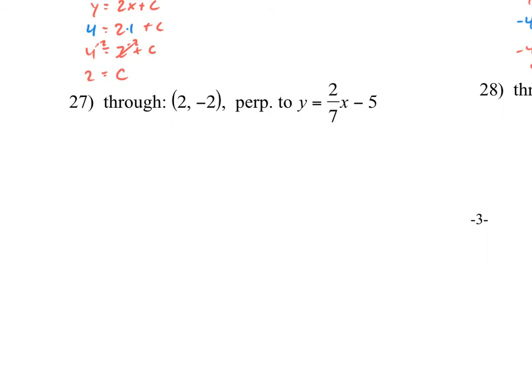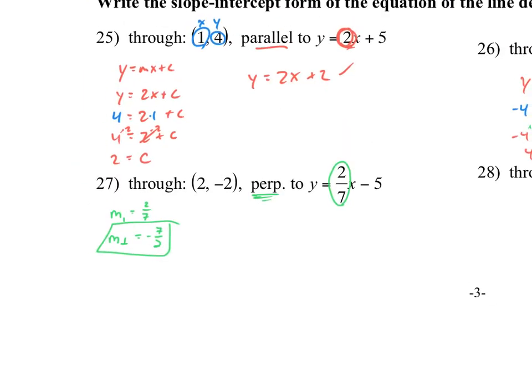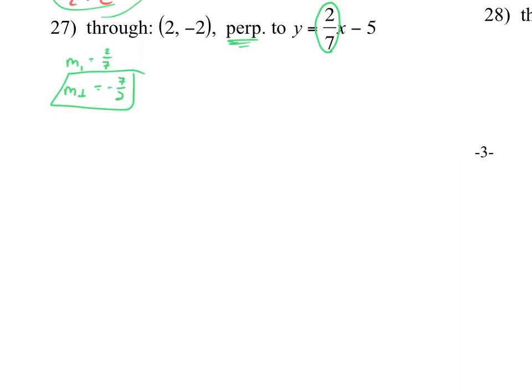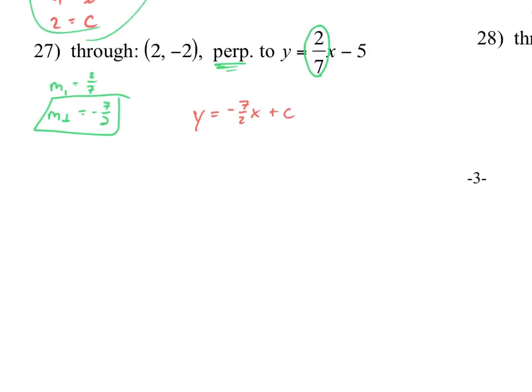So now we're getting to the fun part. They want our next line perpendicular to this line, so we steal this slope. So our initial slope is +2/7. So therefore our perpendicular slope is going to be the same fraction flipped over and made negative. It's the opposite reciprocal. So we're going to use this slope and play this same game. I know my equation is going to be y equals -7/2 x plus c. Okay, no problem.